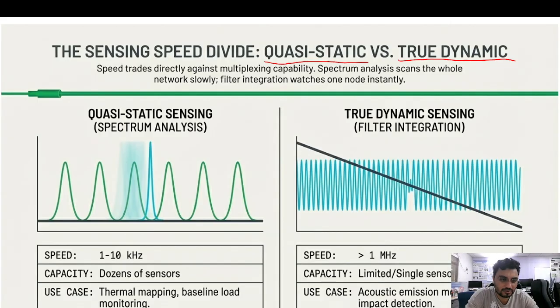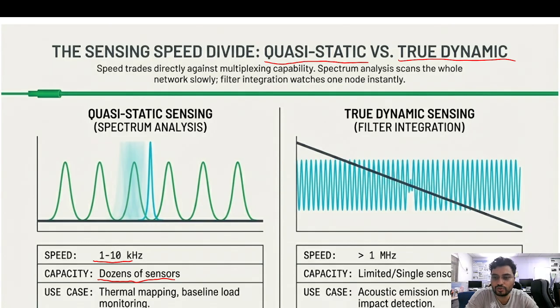So in quasi-static, the parameters are: speed, which is 1 to 10 kilohertz, and capacity, dozens of sensors. Use cases are thermal mapping and baseline load monitoring. Those things can be done easily with quasi-static sensing in health monitoring.